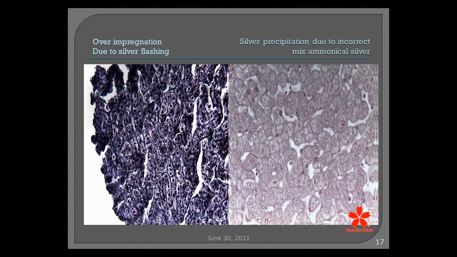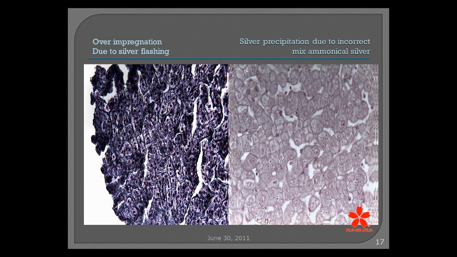So here we have two pictures of silvers. On the left-hand side is an over-impregnated section, and this is what your section will look like microscopically if flashing has occurred while you're heating your silver impregnation solution.